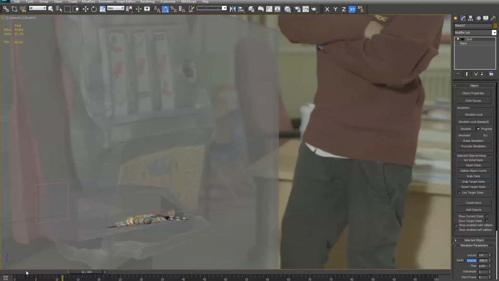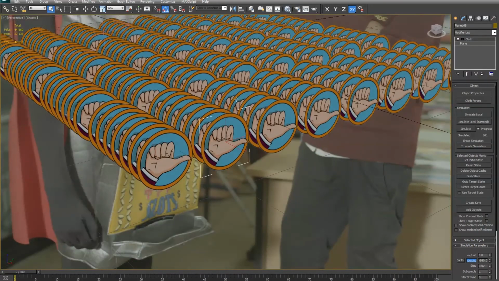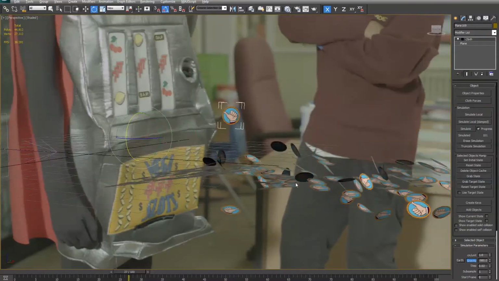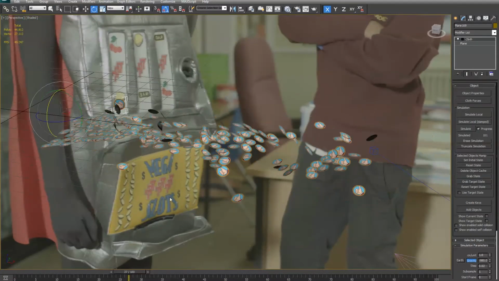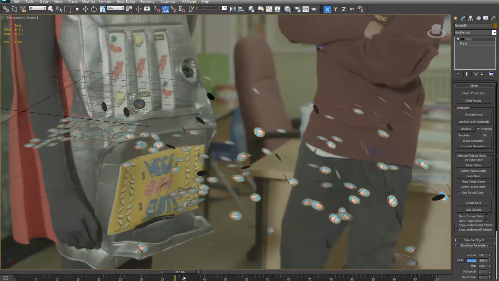I used a 3D program called 3D Studio Max, and I made a simulation where I got one good buddy sticker, made a few hundred copies of it, and then I put some wind behind them, and then I made a fruit machine slot for them all to go through, and then I just simulated that and rendered them.